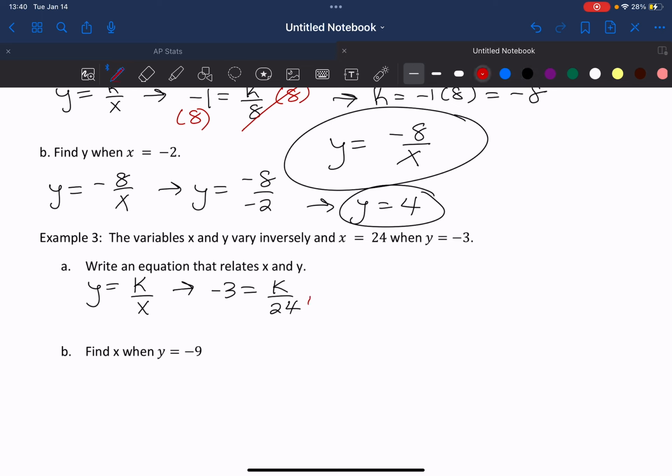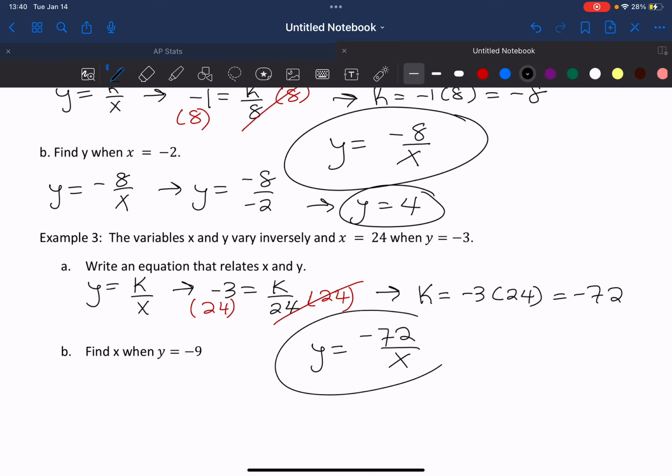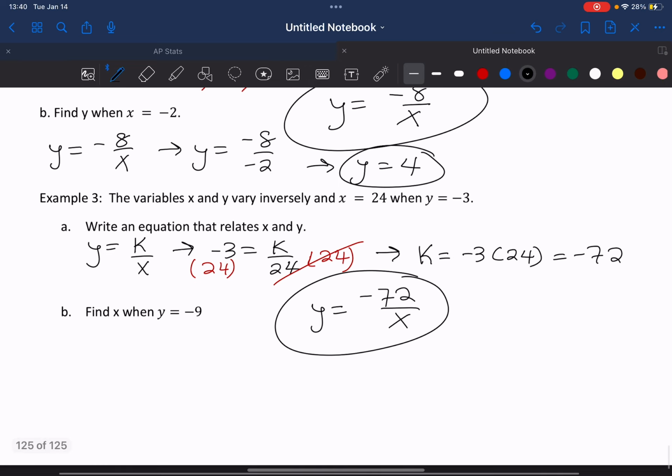We're going to multiply both sides by 24 to get k by itself, which means we have k is equal to -3 times 24, which is -72. So I have the equation y is equal to -72 over x. And I'm going to use this equation to solve part B.